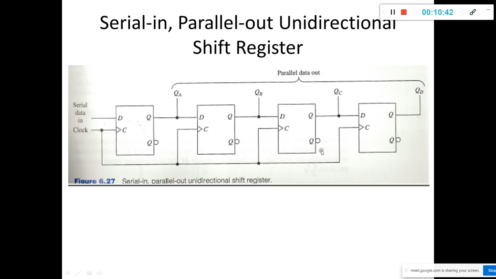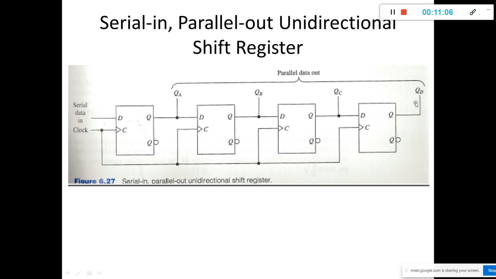Going to the next one, serial in, parallel out, unidirectional shift register. Here we feed the data serially and take the output in parallel: QA, QB, QC, QD.